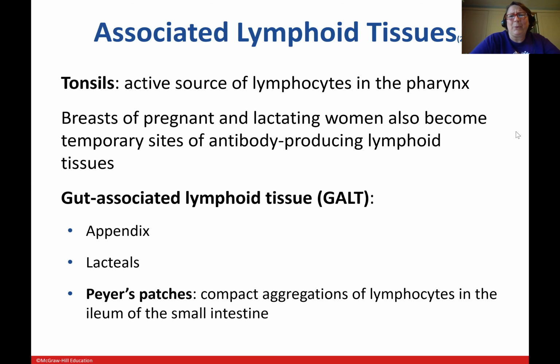And the last one, of course, we've already talked about a little bit, are the tonsils. And that's a source of lymphocytes right there in the pharynx. And again, all of the bacteria that are coming in through the air that we breathe are dealt with by the tonsils and all of the related lymph tissues there. Okay.